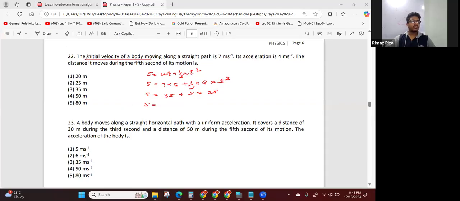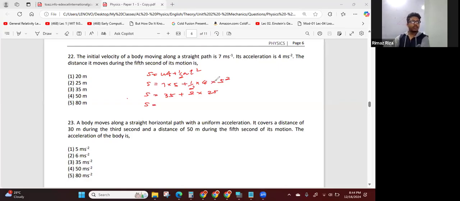The initial velocity of the body moving along a straight path is 7 meters per second. Its acceleration is 4.